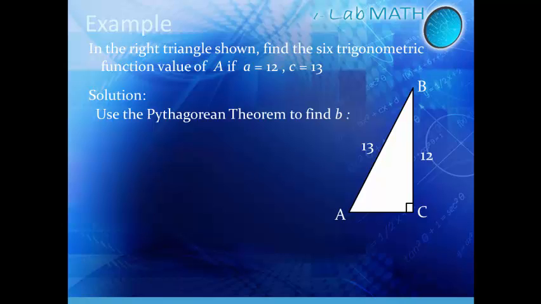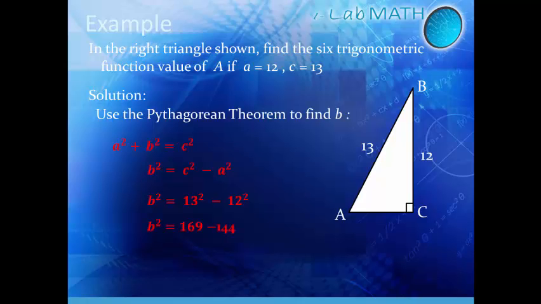Use the Pythagorean theorem, which states that a square plus b square equals c square. Looking for b, it is b square equals c square less a square. Substituting the value of c, which is 13, and the value of a, which is 12, b square equals 13 square minus 12 square.